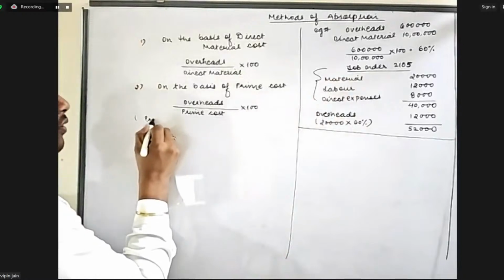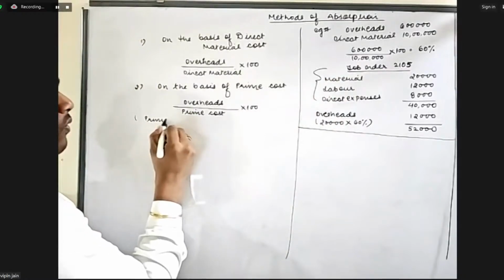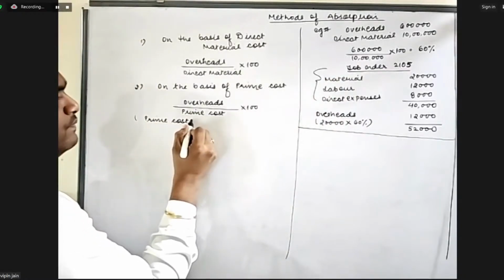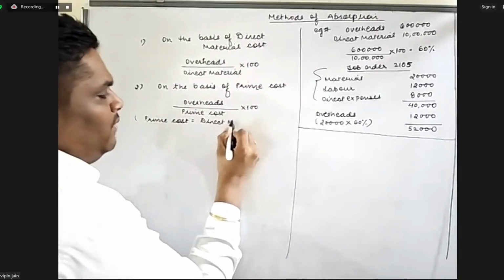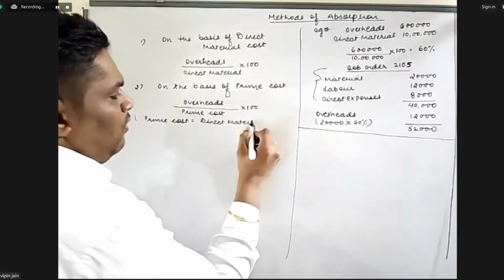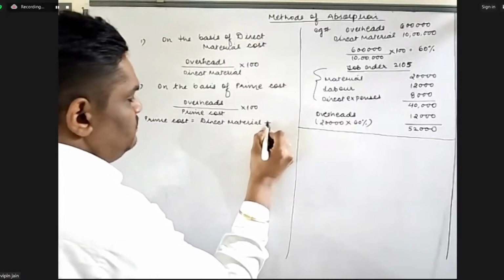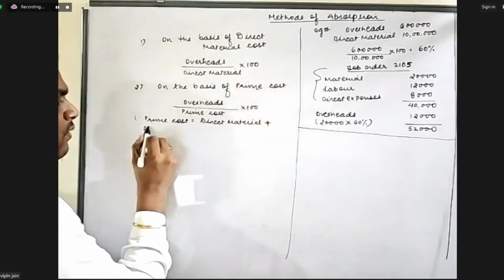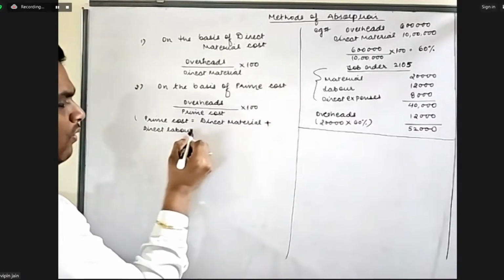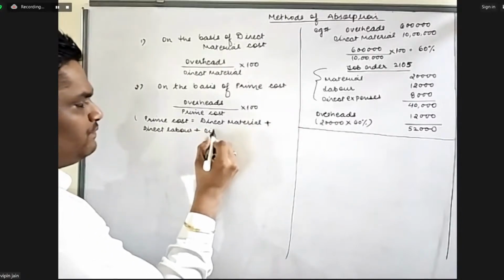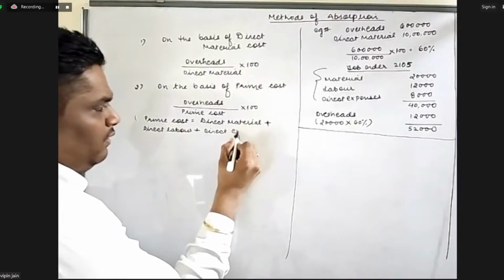So herein, direct material plus direct labor plus direct expenses.